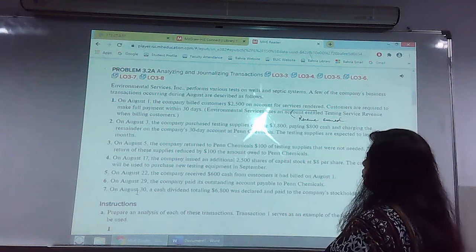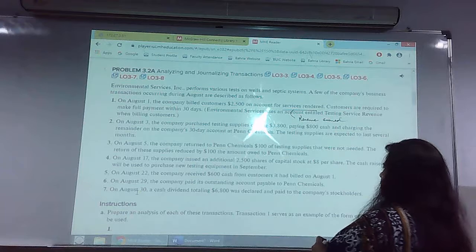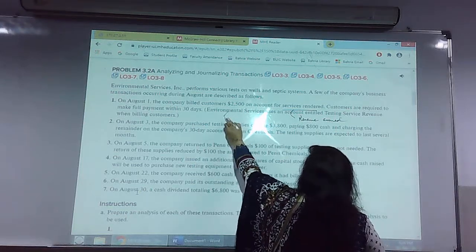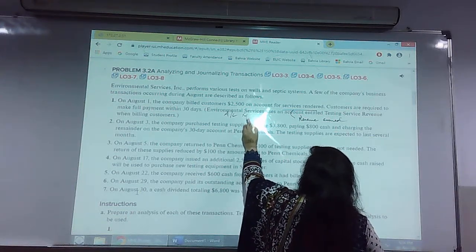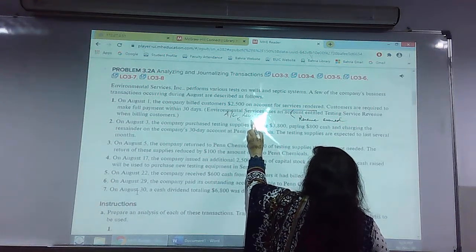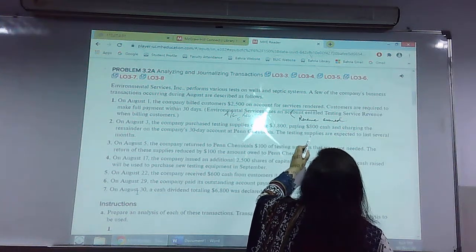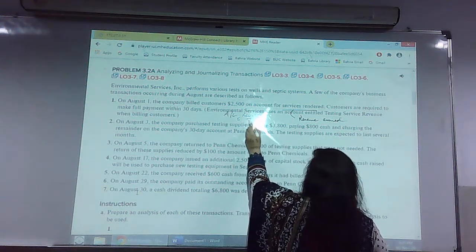Now, what you do is that you bill the customers, then that becomes your accounts receivable. So the journal entry that you're going to be making is accounts receivable, because of services rendered for environmental services. Use an account titled testing service revenue.